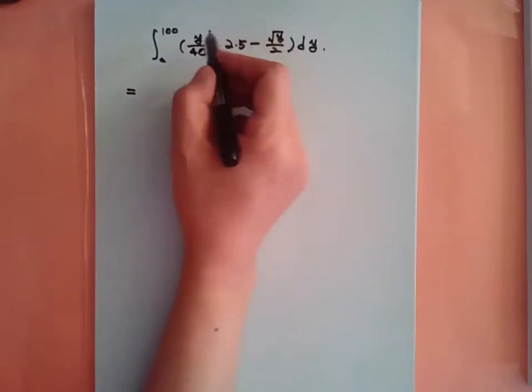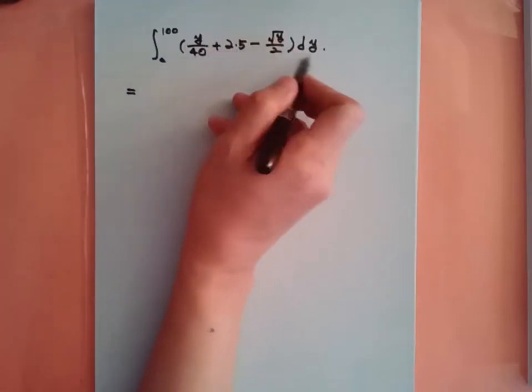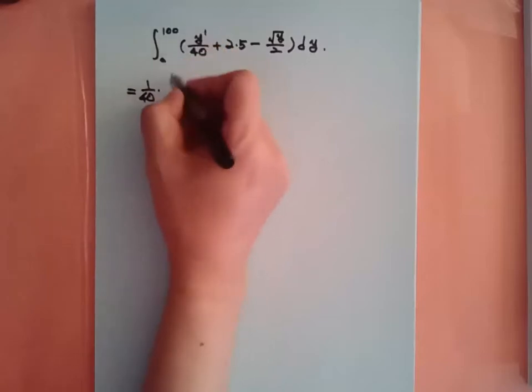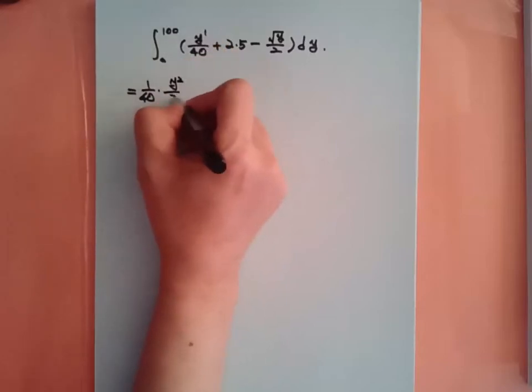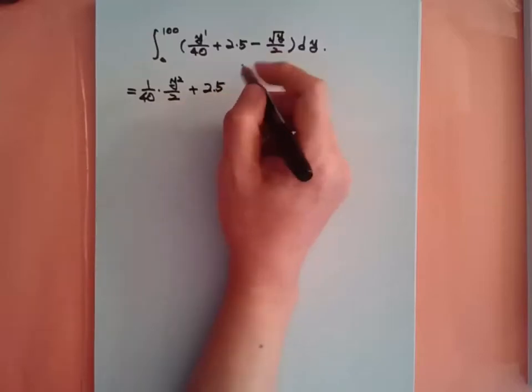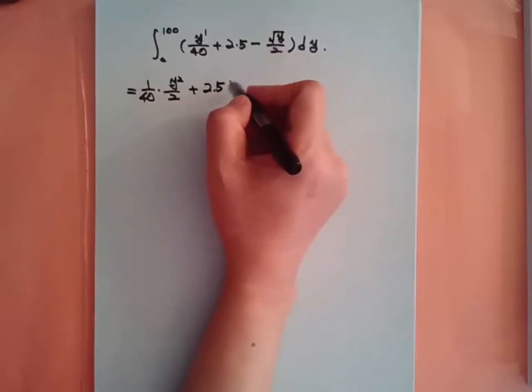Then we have to do term by term integration. 1 over 40 times this one is y to the 1 power, so y squared over 2 plus constant. Term integration is constant times x.